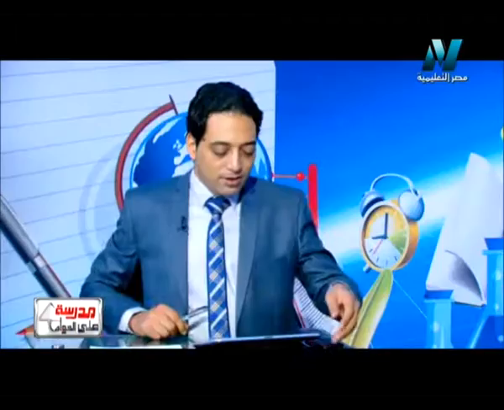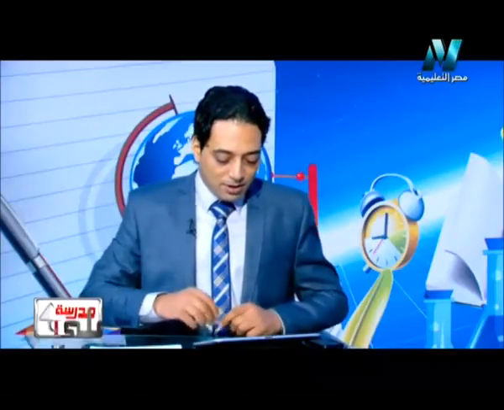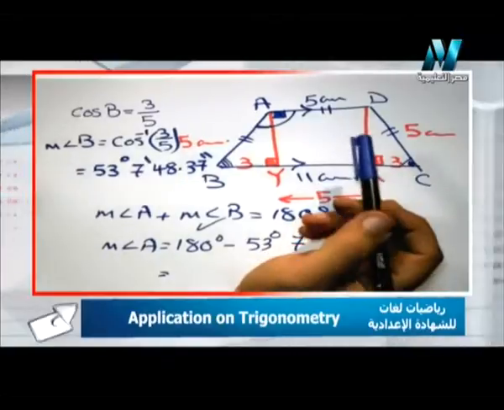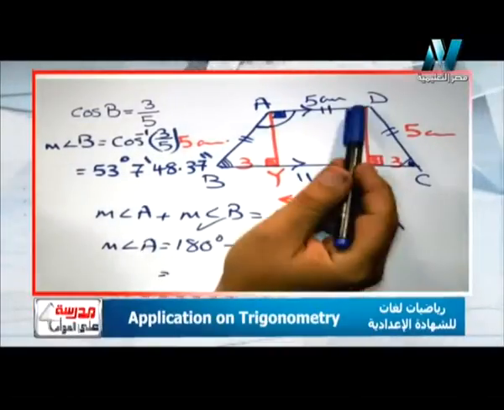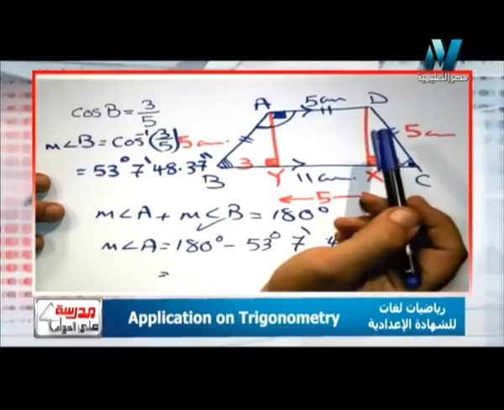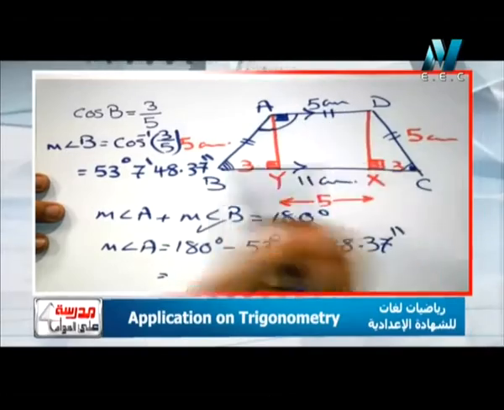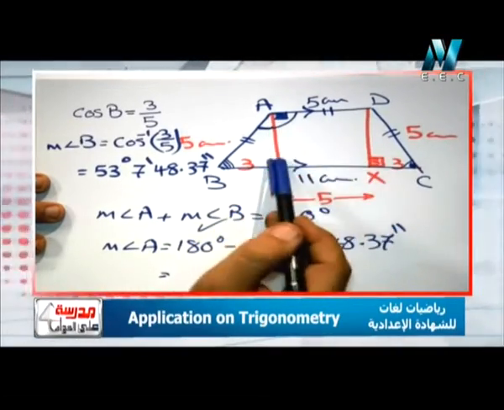The second one, the area of the isosceles trapezoid ABCD. For the area of any trapezoid, as we said before, the first way is you have to remember the rule for finding the area of a trapezoid: the average base multiplied by the height of the trapezoid.